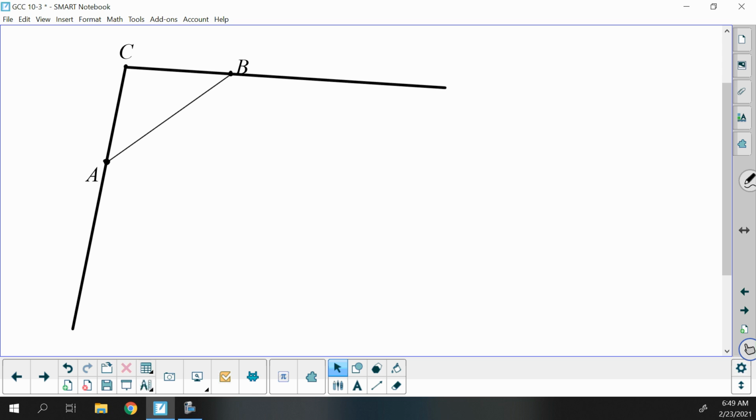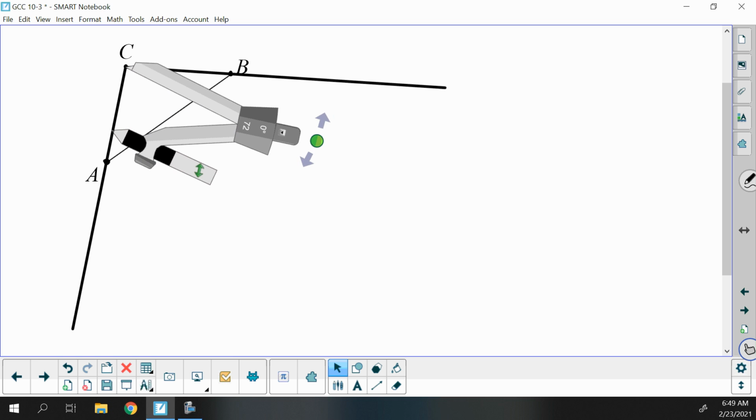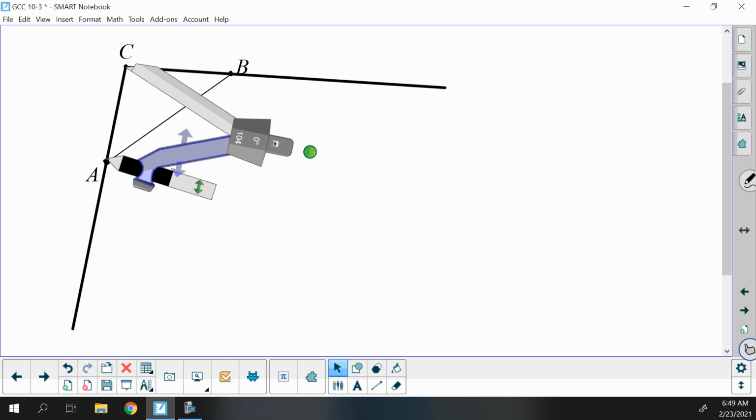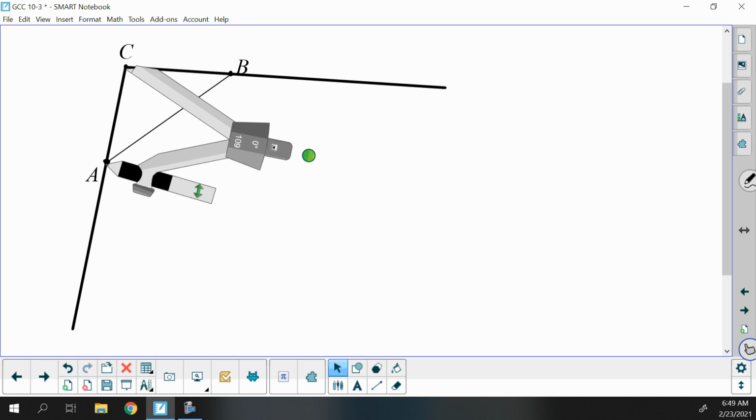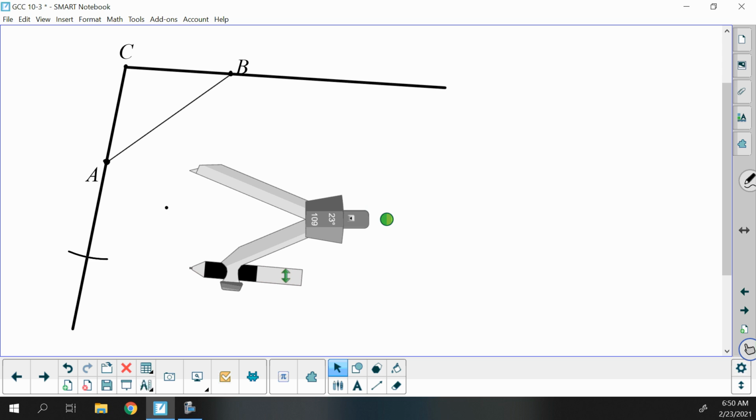So now with your compass, measure from C to A, and then mark off that distance again. So measure from C to A, mark off that distance, and that's where A prime would be.